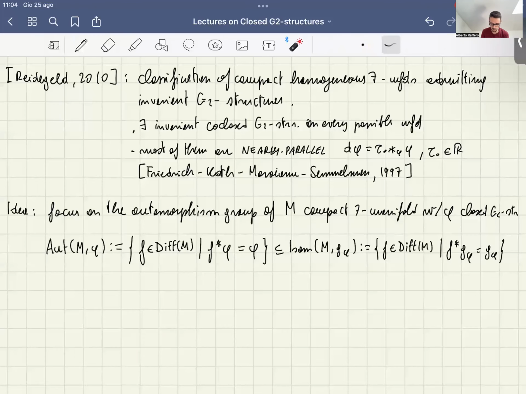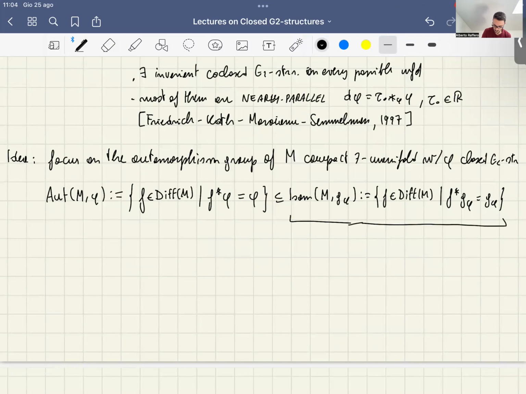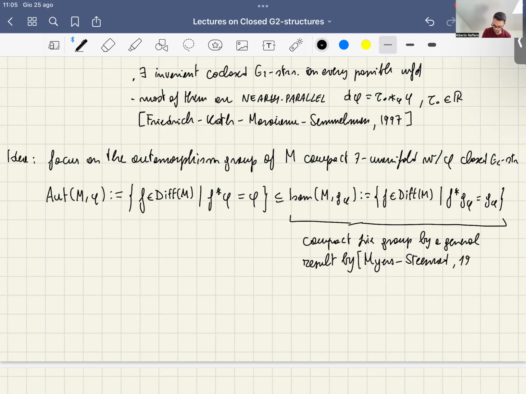Now we know in general that if M is a compact manifold and g is any Riemannian metric on it, then the isometry group of the Riemannian manifold is a compact Lie group, by a general result of Myers and Steenrod, published in 1939.